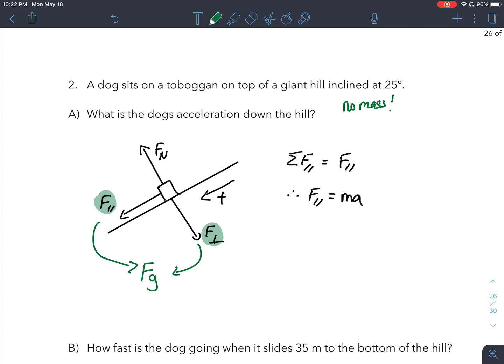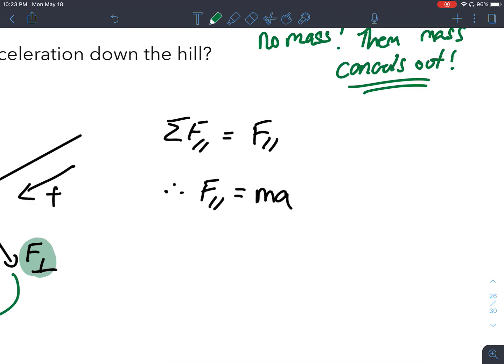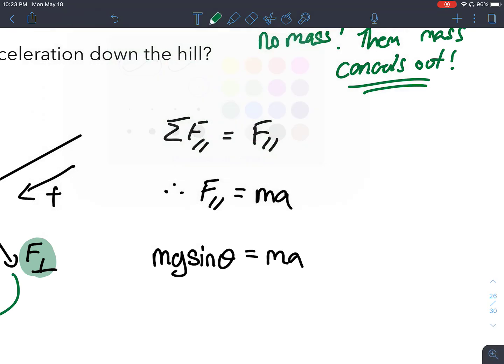If there is no mass given to you, then the mass must cancel. It will always, always, always cancel out. If we plug in mg sine theta for F parallel equals ma, I told you so, right?